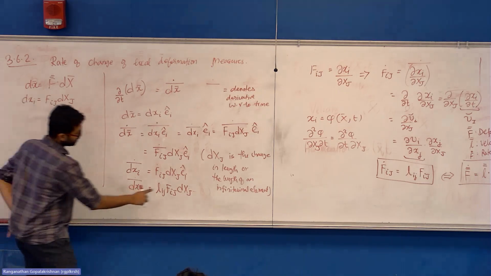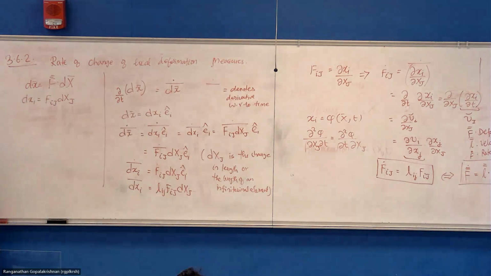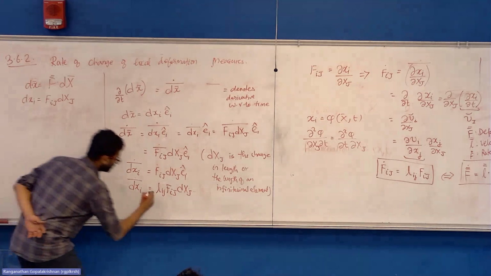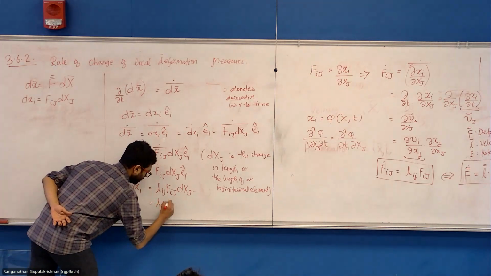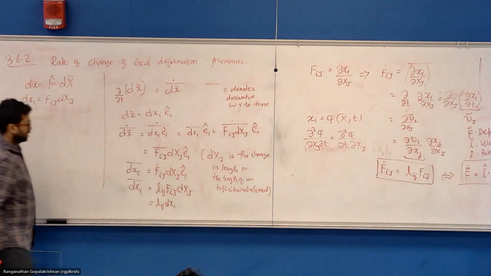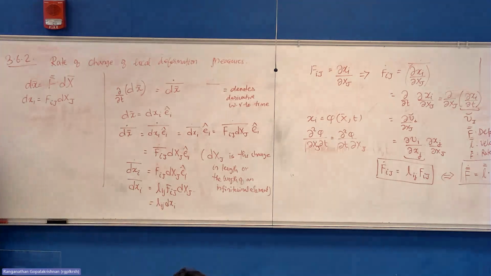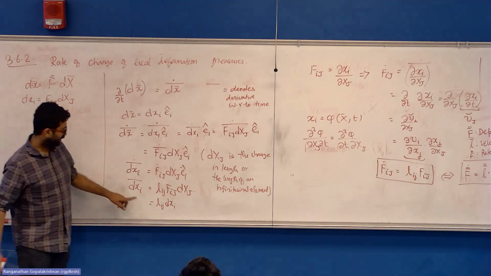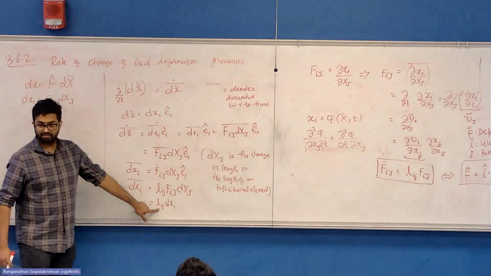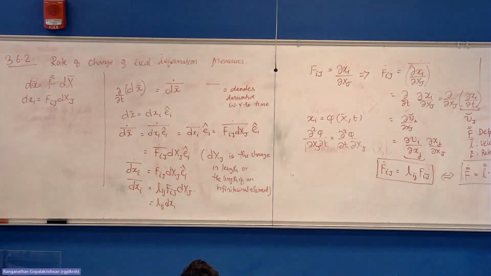What is Fkj dXj? dxk. So this is Lik dxk. So dxi dot is simply Lik multiplied by dxk. That's why L is going to play a bigger role whenever we talk about local rate of change. It's just related to the local velocity, local velocity gradient, I mean.